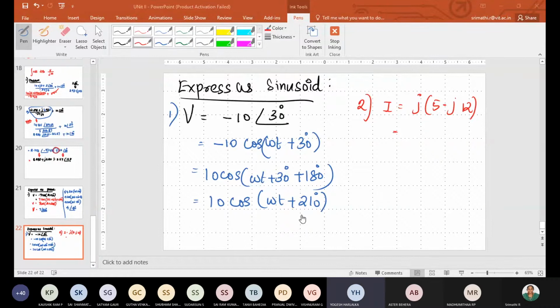Yeah, it is j12. So what is 5 minus j12? What is j actually? Plus j. First convert this plus j.